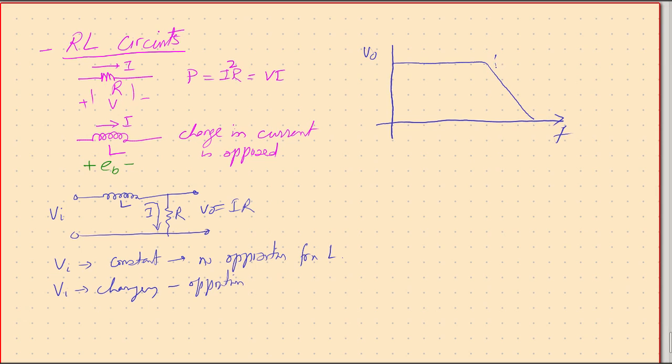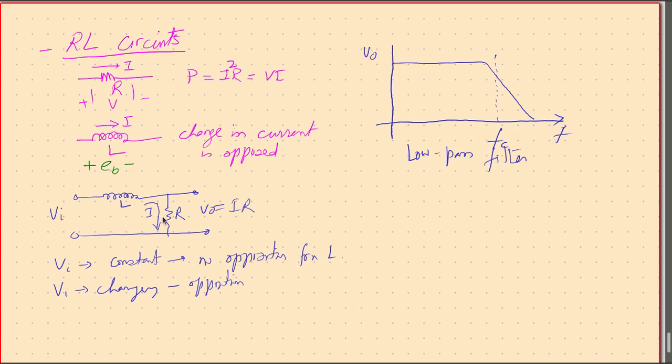And that is the frequency response of this particular circuit. I hope you recognize this frequency response, which is exactly the same as the RC circuit, where R was here, C was here, and we call this a low pass filter because it is allowing only lower frequencies, low pass filter.